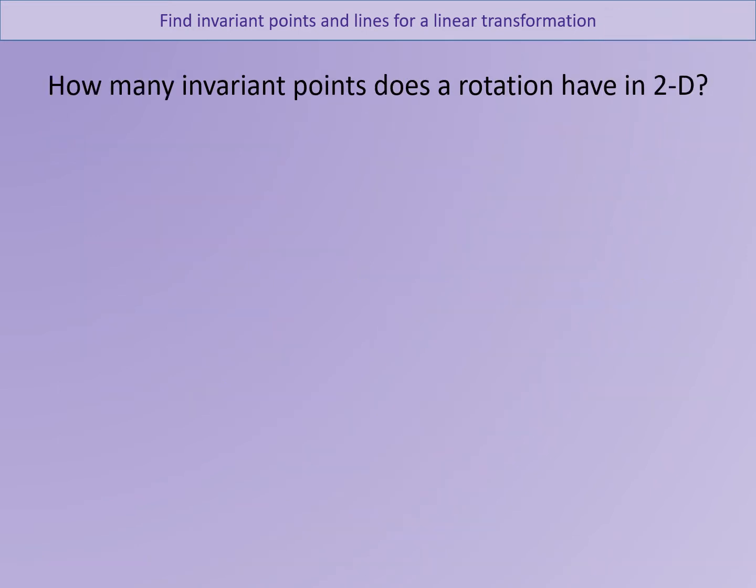So some transformations, we can consider how many invariant points they would have by thinking about the effect they have on the 2D plane. So for example, a rotation in 2D, if you think about which points would move and which points wouldn't in a rotation, you can see that actually a rotation only has one point that is invariant, and that is the centre of rotation. Every other point moves around it.